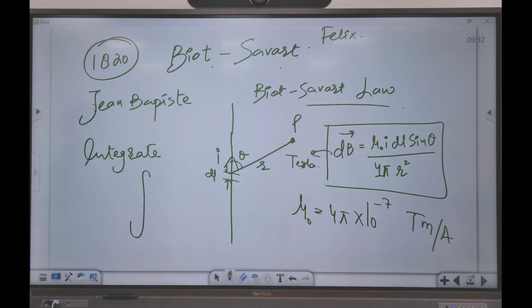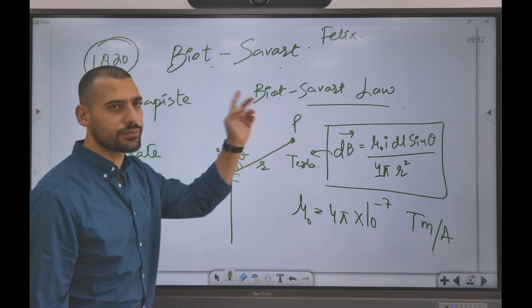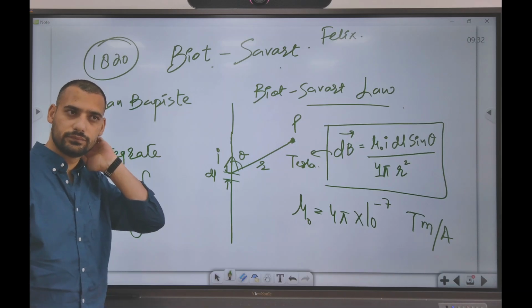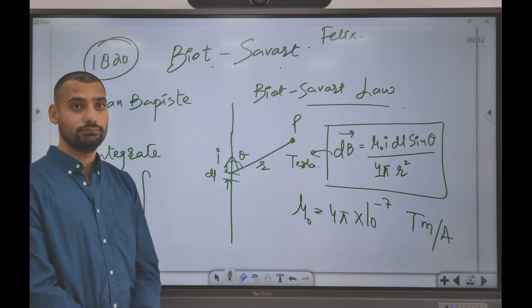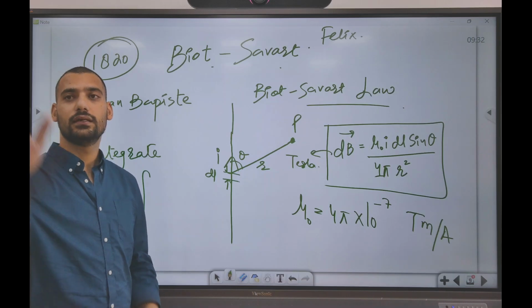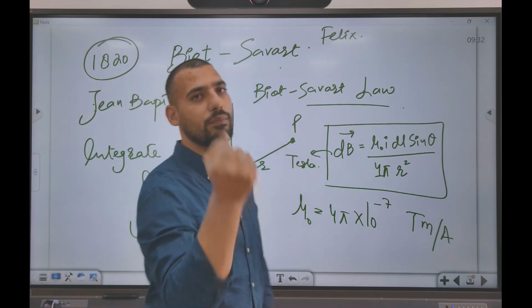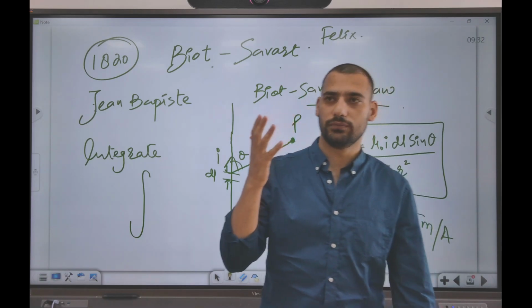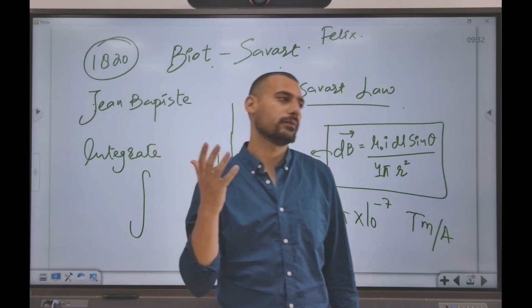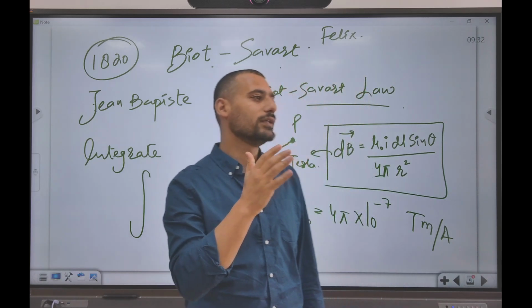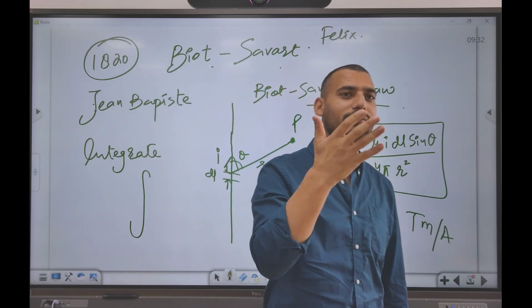Now if you want to find the direction, very important. What is the method of finding the direction? How do you find the direction of the magnetic field at point P? No idea? See, for this you have to use the right hand thumb rule. Very important. Look at me. Don't use your mobile phones, okay?